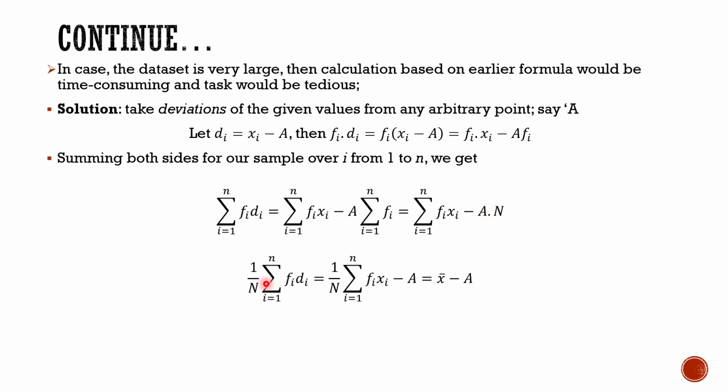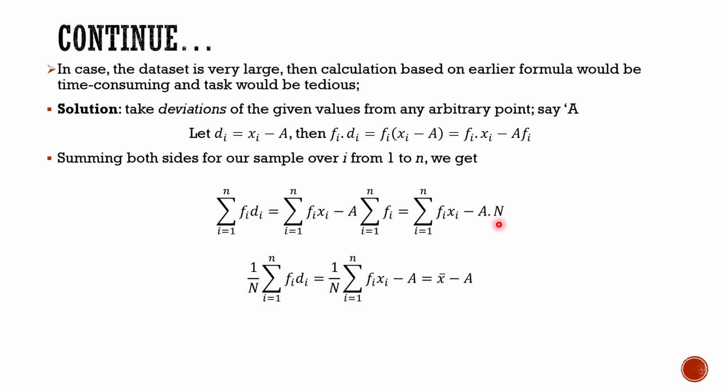Calculating further, if we divide by n, the number of observations, then on the left hand side we get 1 by n summation of fi di for all n, and this is equal to 1 by n summation of fi xi for all n minus a.